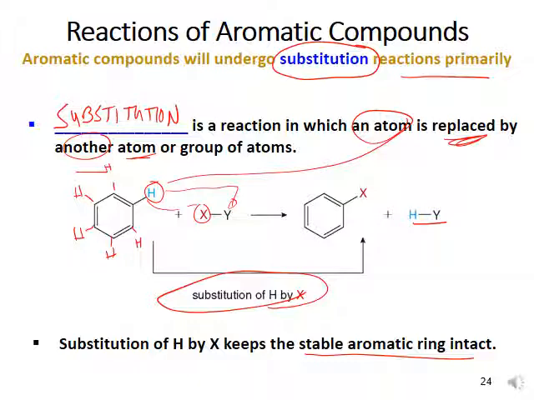And we'll find out that the X can be halogens, X can be nitrate, X can be lots of different things, and we'll talk about those shortly.